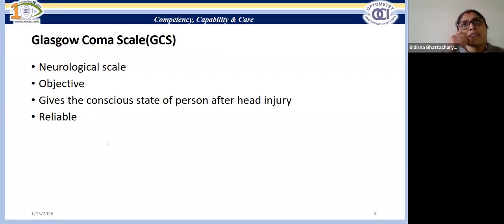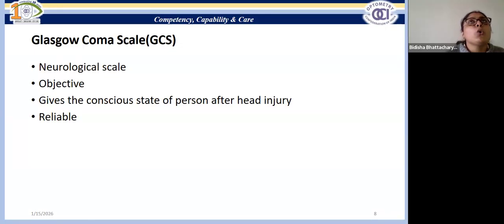Basically it has three perspectives. The first perspective is the Glasgow Coma Scale, known as the GCS. Basically it is a neurological scale, purely objective, and it gives the conscious state of the person after head injury, and it is highly reliable.